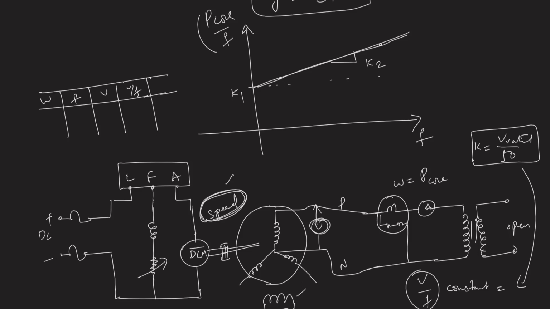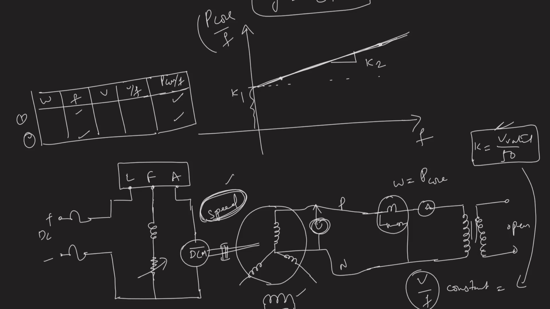These are tabulated, at least two readings, number 1 and 2, and V by F is always equal to the first calculated V by F ratio. Now to plot this, I calculate P core by F, one more column, and draw it versus frequency, and you get a straight line like this.